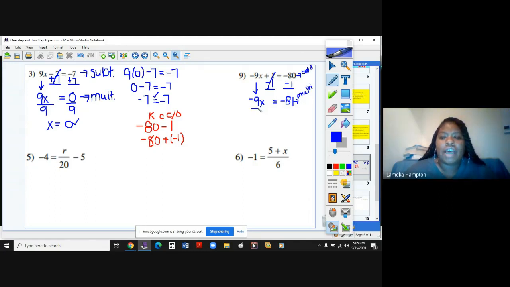Okay. So when I divide, I'm dividing by negative 9. Remember, the number takes the sign. So whatever sign is in front of that number is going to determine whether or not it's positive or negative. If there is a minus sign in front of the number, we know that it's a negative number. If there is not a sign in front of the number, then we automatically know that it's positive.